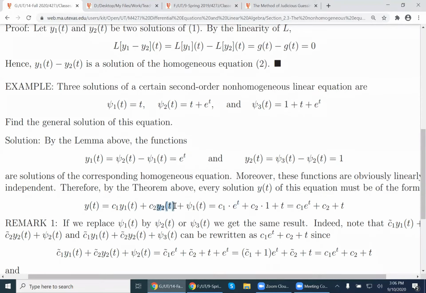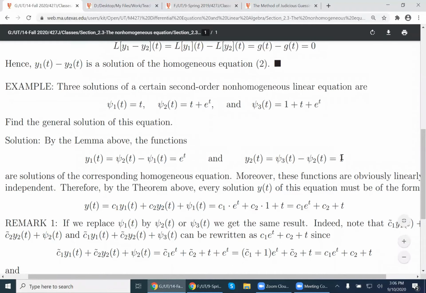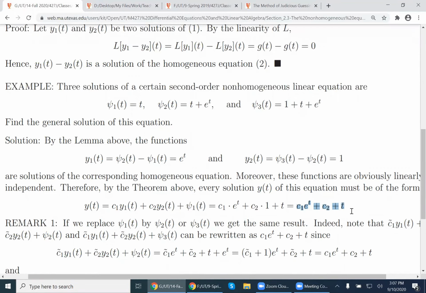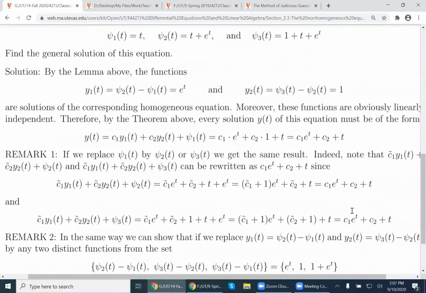We replace y2 by 1, done. And after all simplifications, we get this. Psi1 is t. Here is the general solution of the non-homogeneous equation. Before you ask questions, let me make 2 remarks.